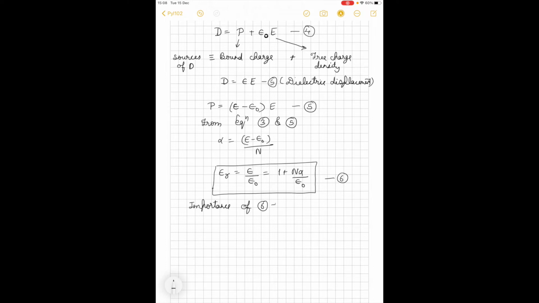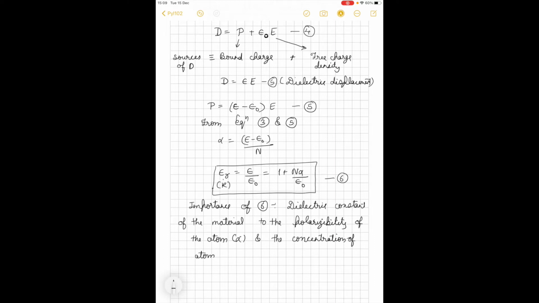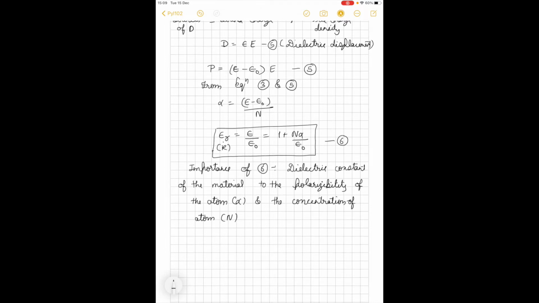The importance of equation 6 is that it connects the dielectric constant, epsilon r or k, both are the same, of the material to the polarizability of the atom, this alpha, and the concentration of atoms, which is N. Okay, so the dependence emerges directly here, which was hidden till now.